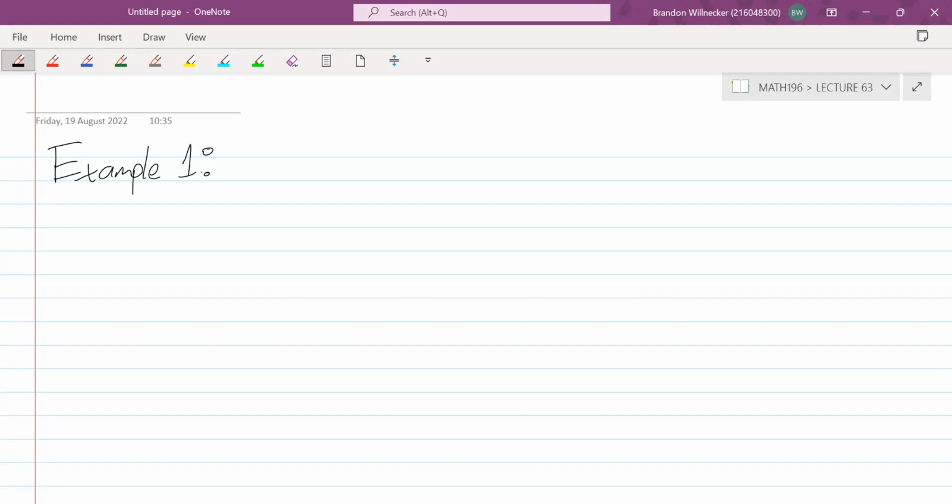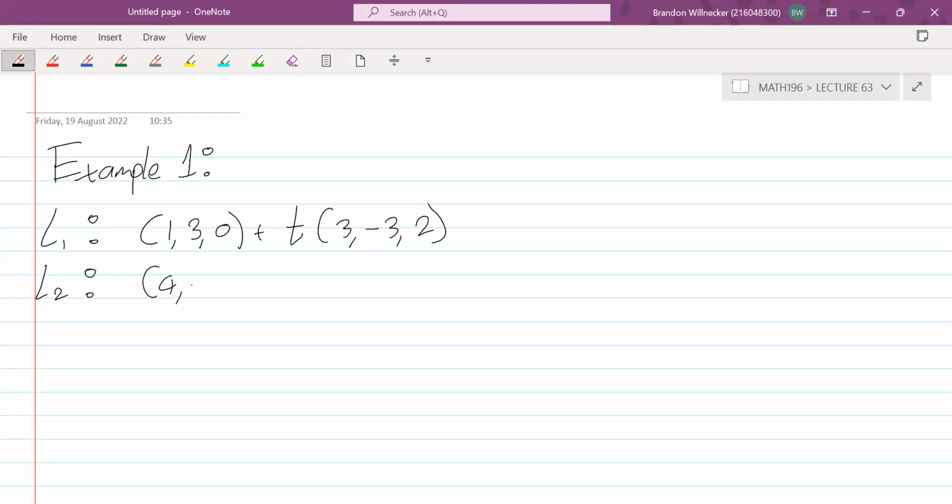Let's say we have line 1, and this is given by (1, 3, 0) plus t, which is our line parameter, times (3, -3, 2). And we've got some line L2, and this is given by (4, 0, 2) plus we need a different parameter because it's a different line, so let's call it lambda, times (-3, 3, 0).